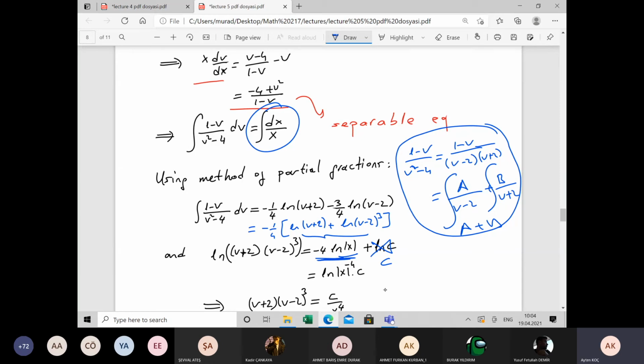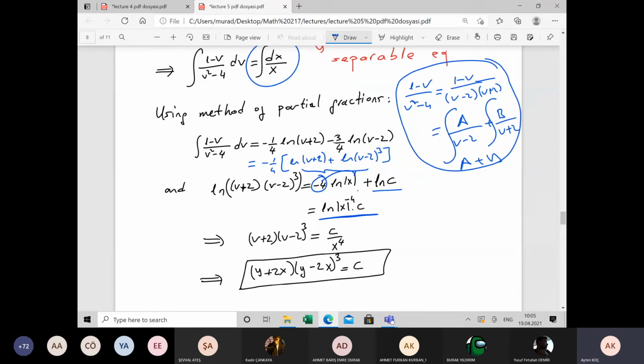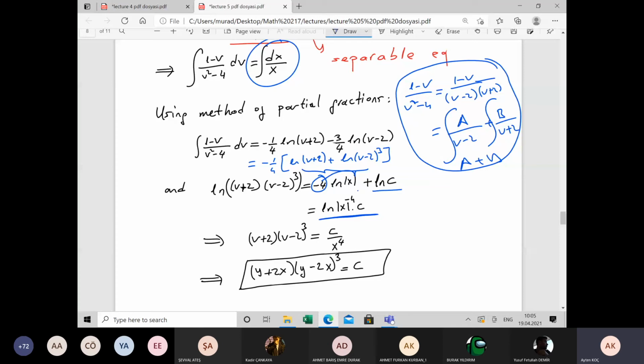It's okay for constant c. And then the power here, and ln a plus ln b is equal to ln of a times b, this one. So we obtain this equation. It's okay, rewrite, and then we obtain the result.